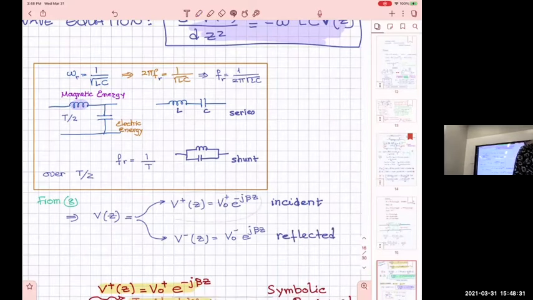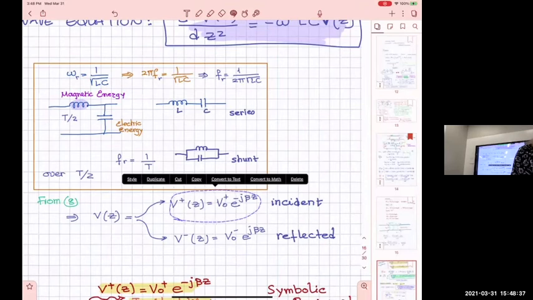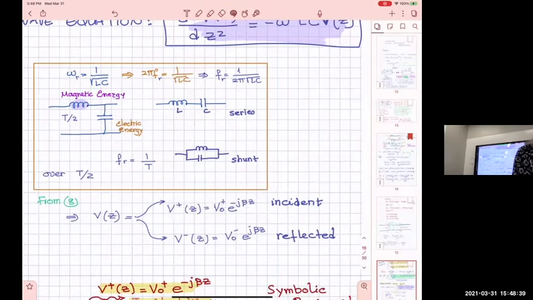Each of the solutions, which is one wave, is going to have a constant magnitude, as we say here, and a phase. And the phase comes from this beta z.